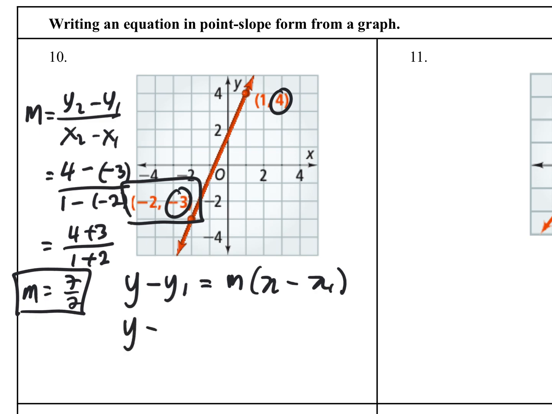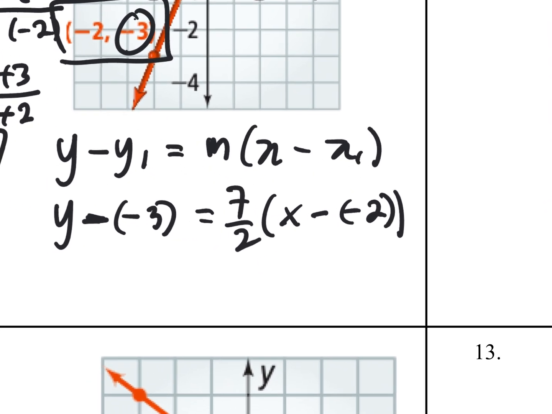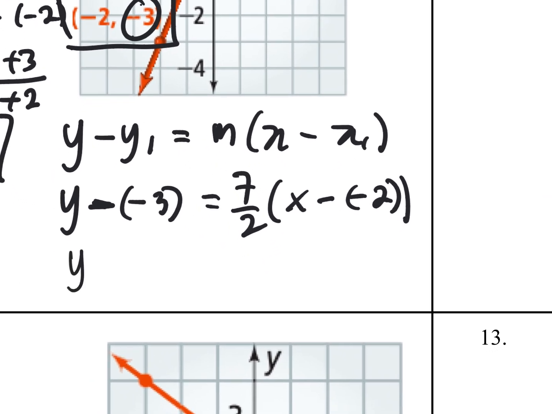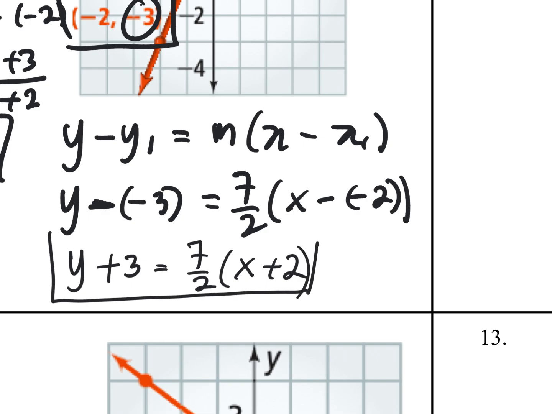Now here my y1 is going to be minus 3, is equal to my slope, which is 7 over 2, x minus negative 2. Okay, so if I'm going to simplify this one, this is going to give you y plus 3 is equal to 7 over 2, x plus 2. Okay, so this is our answer for this question.